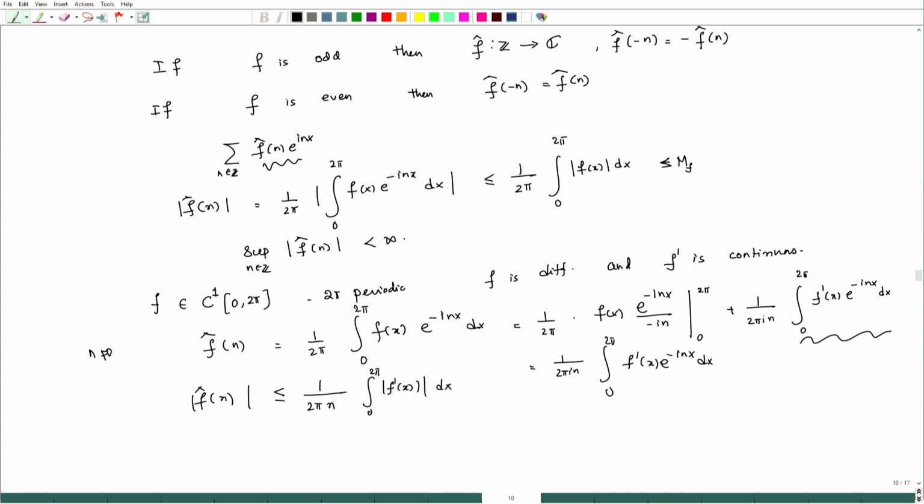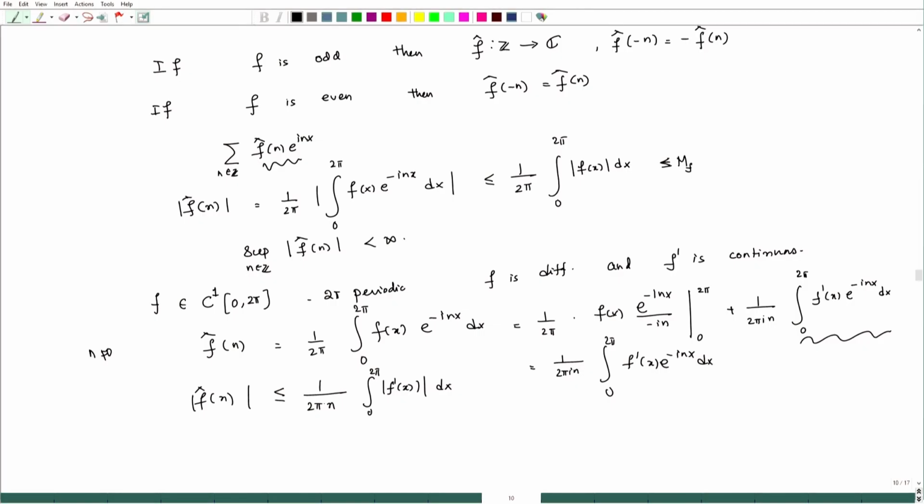So, we have given certain smoothness on f, we are assuming that f is differentiable and f prime is continuous, then we are getting that f hat of n has some decay, because this is mod n of course. So, mod of f hat of n is less or equal to some constant which depends on f, divided by mod n.